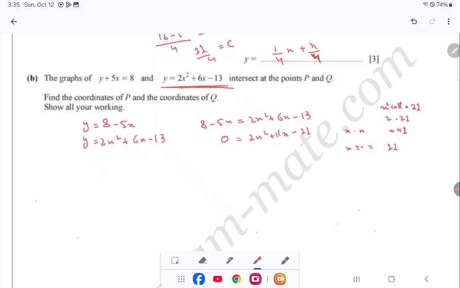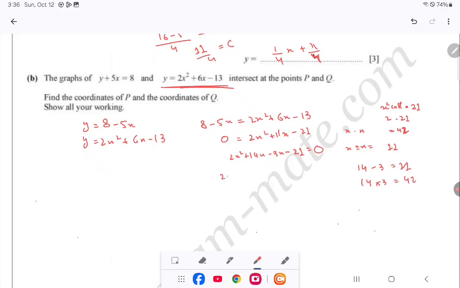So 14 minus 3 is 11, and 14 into 3 is 42. So we can choose the 14 and 3 to break the middle term. 2x square plus 14x minus 3x minus 21 is equal to 0.